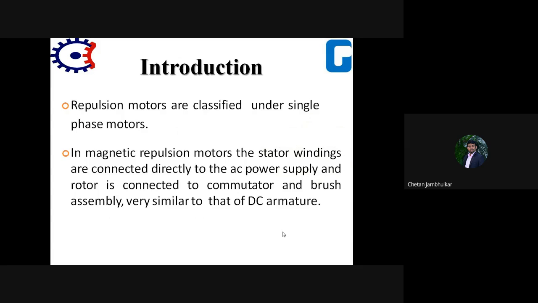So the repulsion motor is classified under single phase motors. Means your repulsion motor is of the single phase motor type.